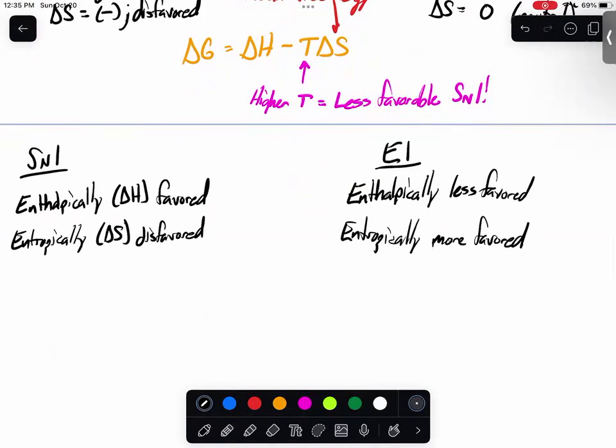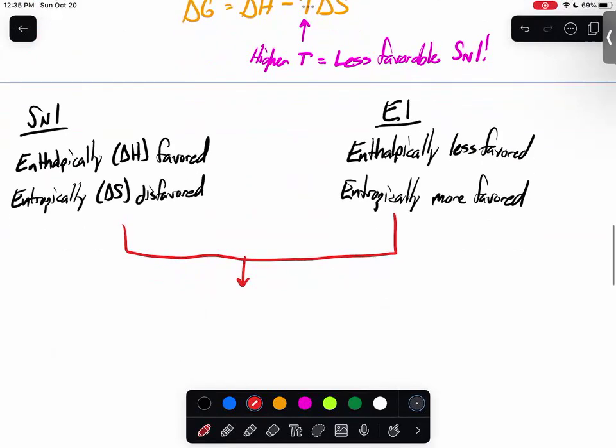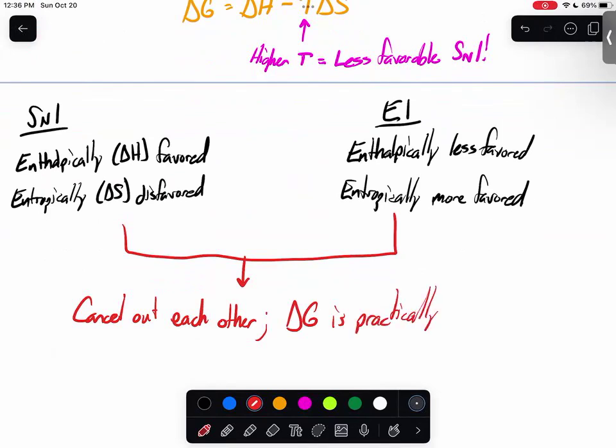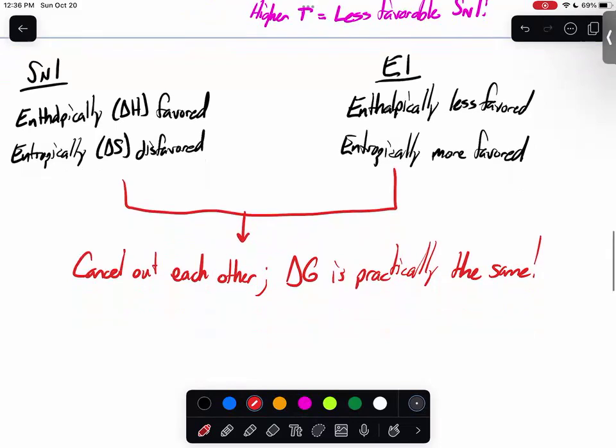So these two ideas combined together cancel out each other, where our delta G is practically the same. What this means for us is that whenever we're doing this reaction of SN1 and E1, if the delta G is practically the same, we should end up with about a 50-50 mixture.